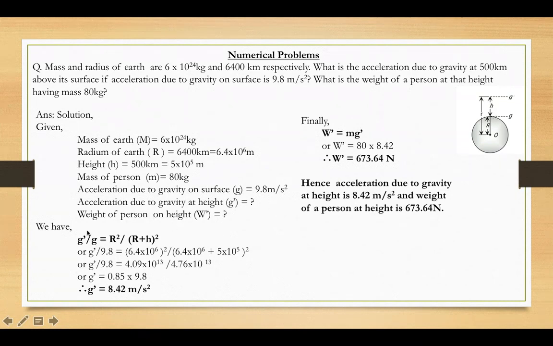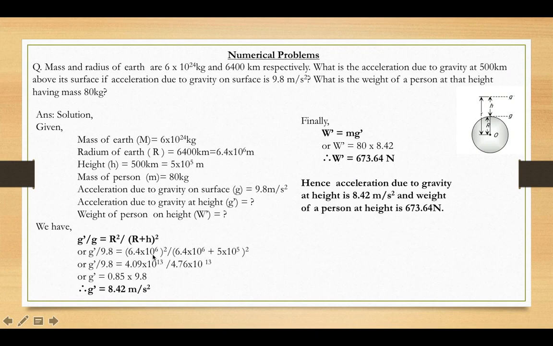If the value of g is given on the surface, then we can apply this formula. Now let's keep the values. Capital G dash, asked by small g, values 9.8 equals r radius 6.4 into 10 to the power 6, this r squared, by the bracket r which is 6.4 into 10 to the power 6 plus h which is 5 into 10 to the power 5, whole squared.